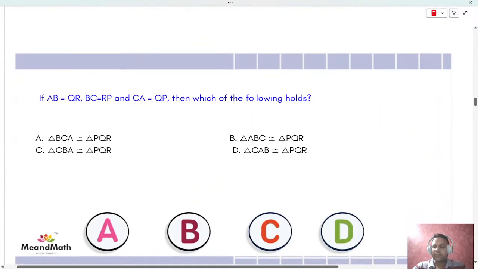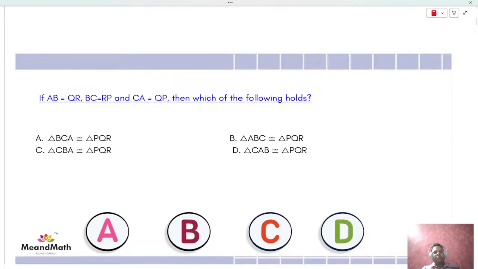Here is the next question of the session. If AB is equal to QR, BC is equal to RP, and CA is equal to QP, then which of the following holds? We have two triangles, triangle ABC and triangle PQR.